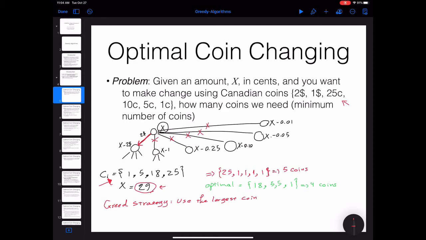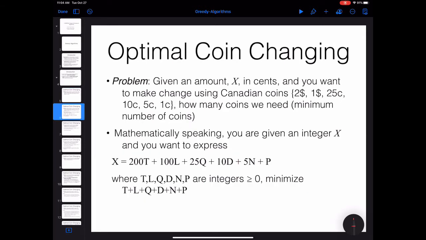So let's just get back to this original problem that we have, the coin changing using the Canadian coin system. If I wanted to write the problem in a more mathematical way, you have an X amount, and you want to rewrite this number in this form.